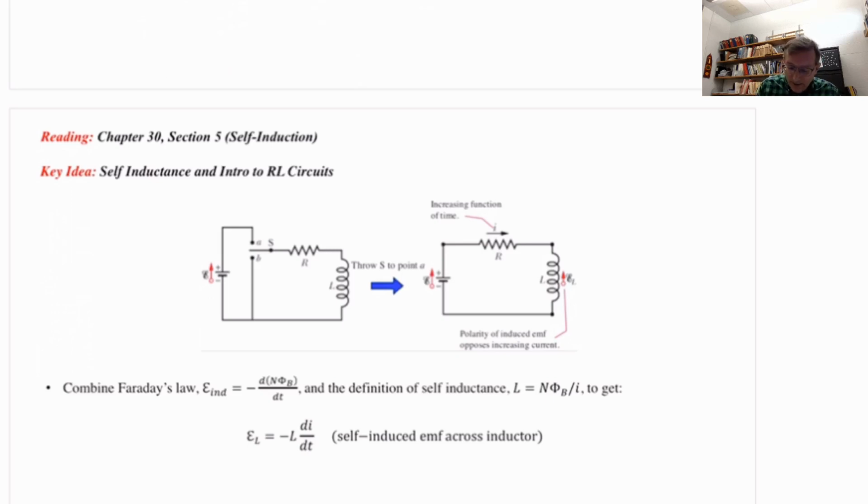Okay, so I want to now talk about what's called self-inductance, and an intro to also what's called an RL circuit. An RL circuit is a circuit that has an R, a resistor, and an L, an inductor. So down here we have a couple of circuit diagrams. Let's first look on the left.